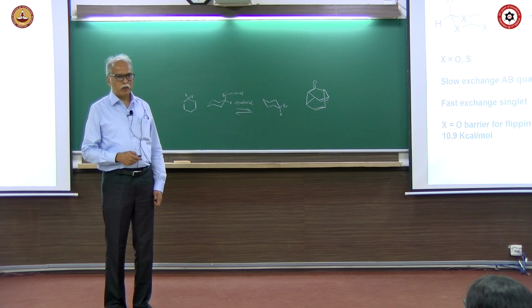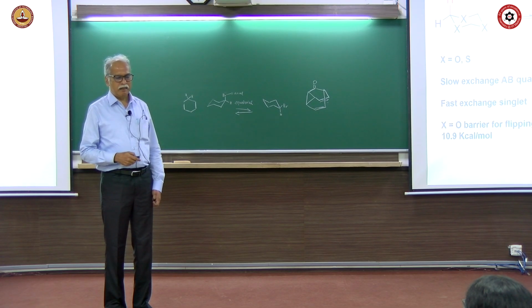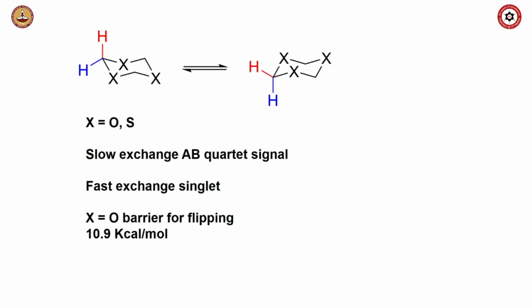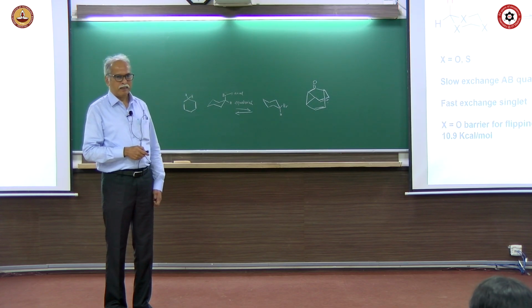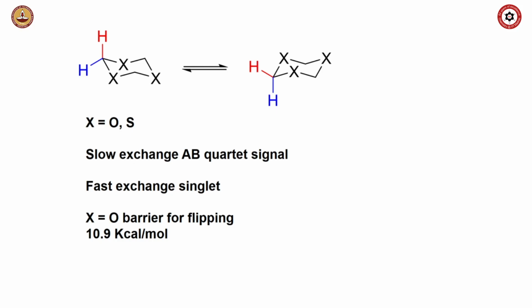They cannot have the same chemical environment and the same chemical shift value. It's not possible. 2 different chemical shift values mean they are diastereotopic in nature. The diastereoisomerism is what is seen here. What was originally axial hydrogen becomes equatorial hydrogen, and what was originally equatorial hydrogen becomes axial hydrogen.